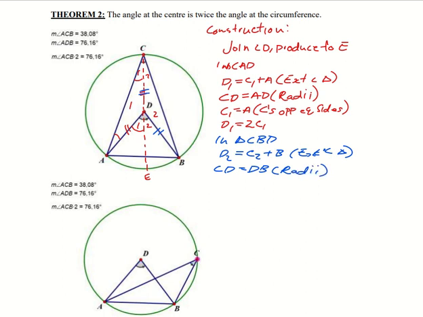That would mean that B is equal to C2, because they are angles opposite equal sides.